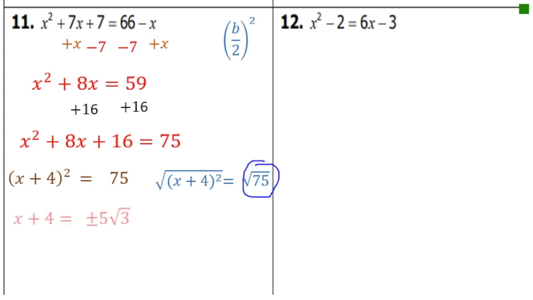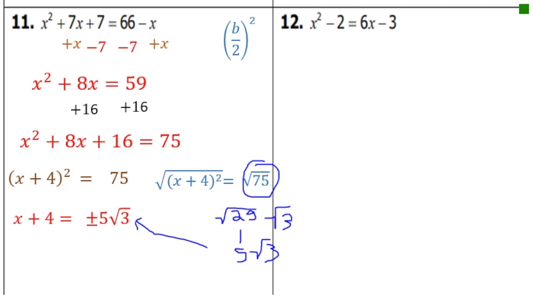Now radical 75, though, can be simplified because there is a 25 inside. That's a perfect square factor. So 25 times 3, and when you square root radical 25, you get 5. That's where I get the 5 radical 3 from that you see right there.